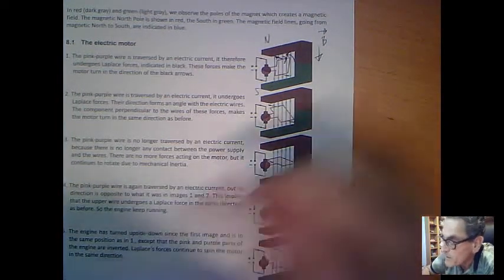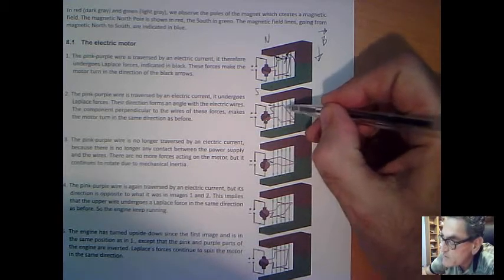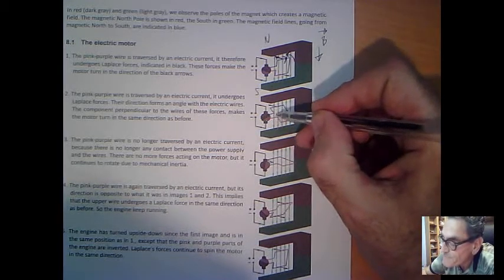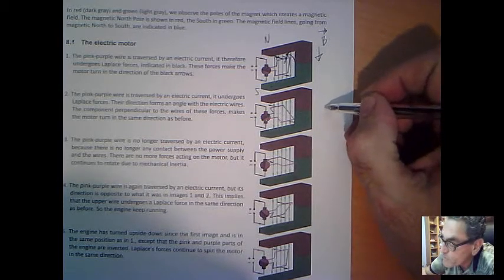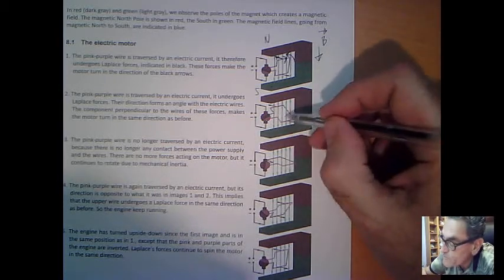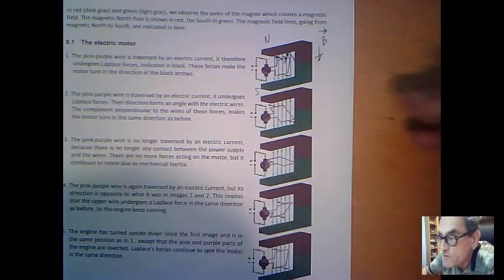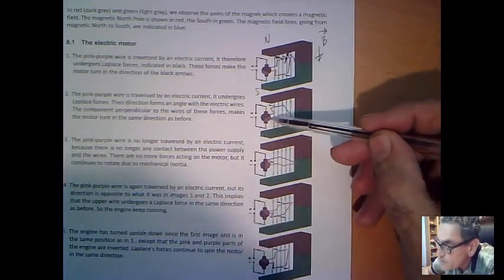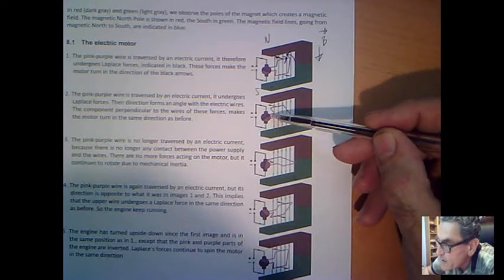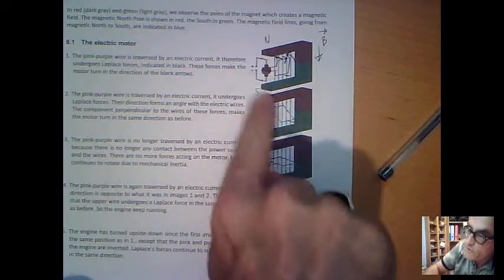It's going to turn a bit, but soon it will no longer turn, because if this loop of current is horizontal and the force is horizontal, it's not going to turn. It's turning like this.